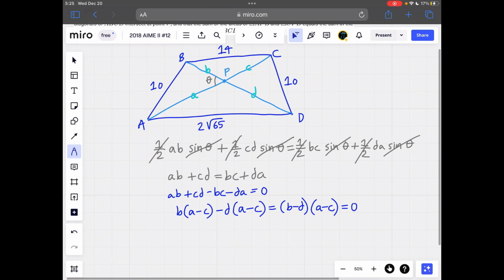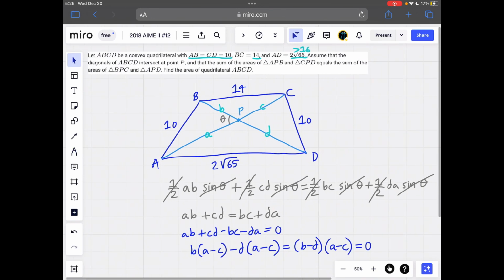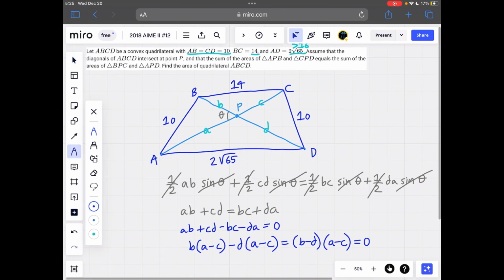So all we need is that either b is equal to d or a is equal to c. So let's assume that a is equal to c here and see if we can continue from there. We need to replace all a's with c's. I've only written one a here, so let's replace that with a c.